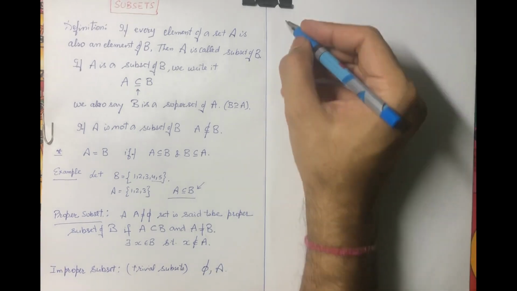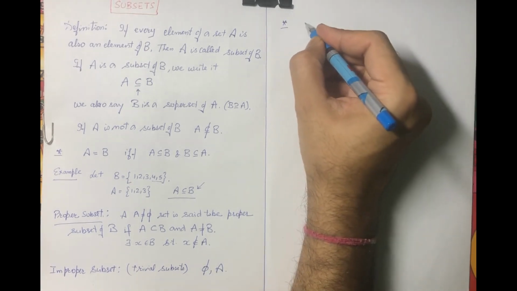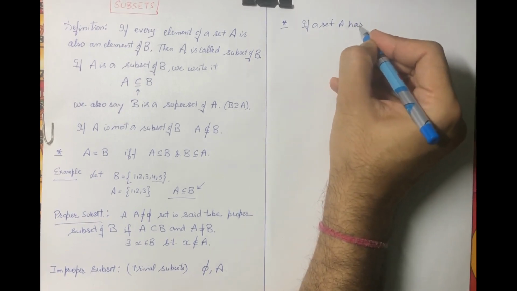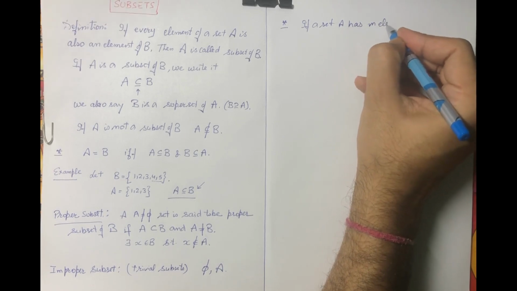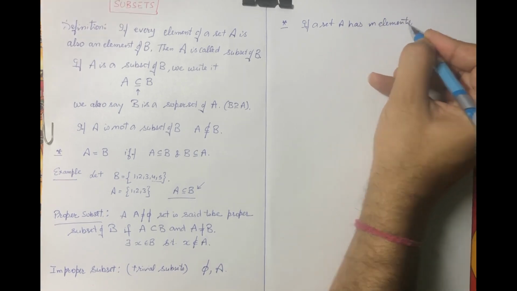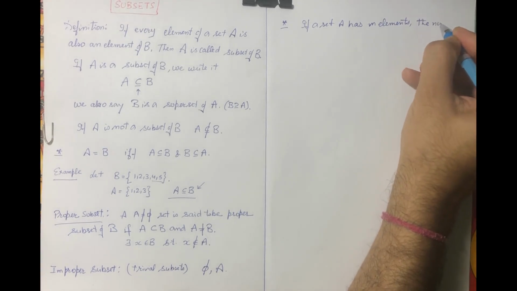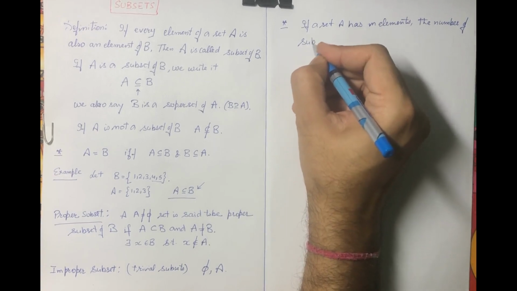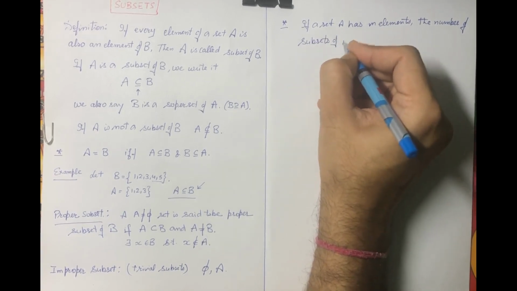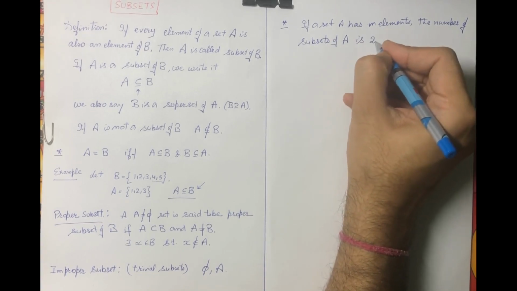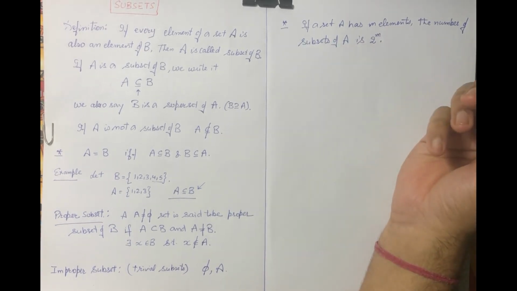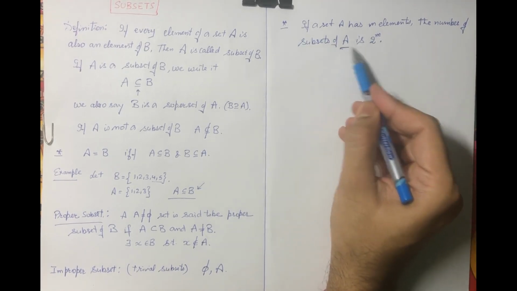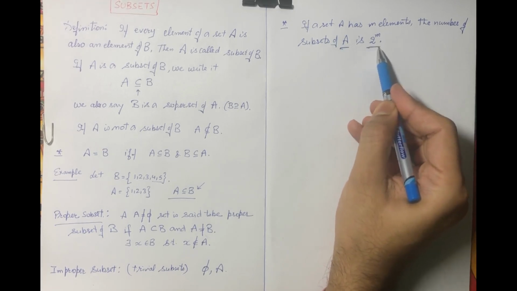Again we make a remark here that if a set A has m elements, the number of subsets of A is 2 power m.